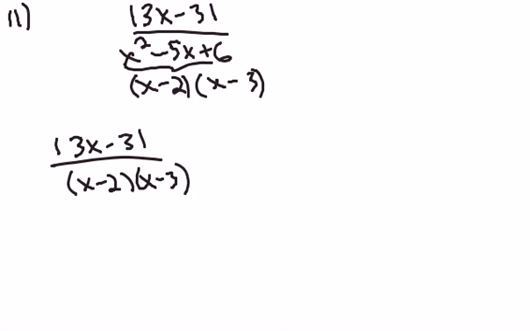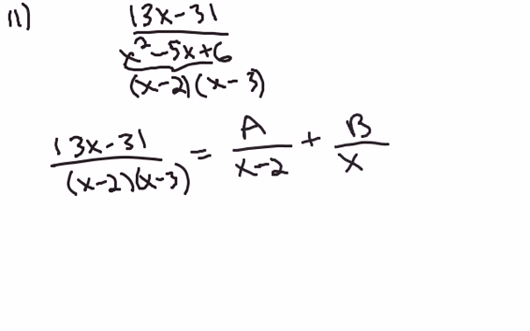So I have two linear factors in the denominator here. Each of them will get its own constant. Remember, if you have an irreducible quadratic in the bottom, you would get a linear numerator, but since these are both already linear, I get a constant numerator. So a over x minus 2 plus b over x minus 3.